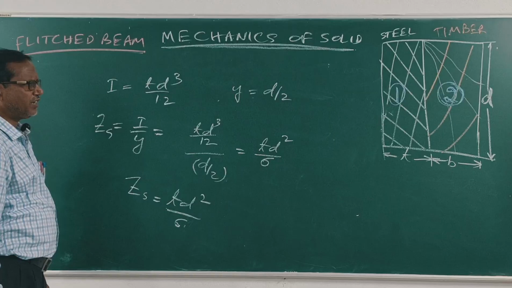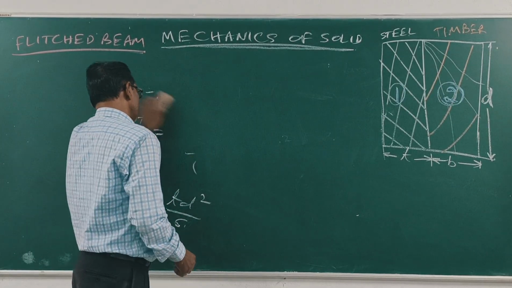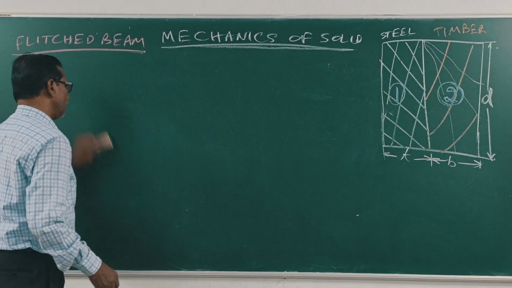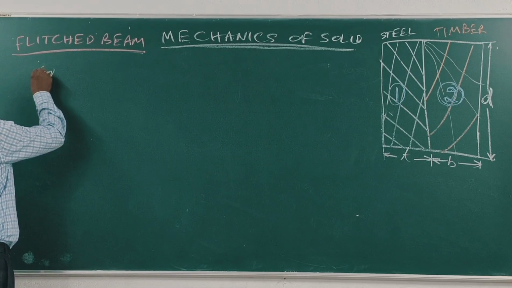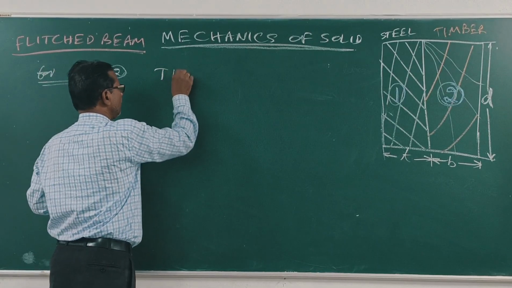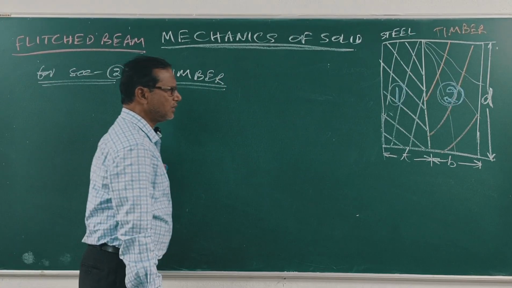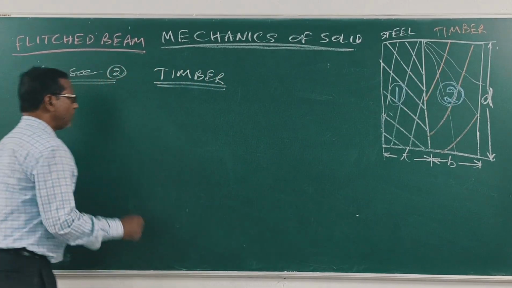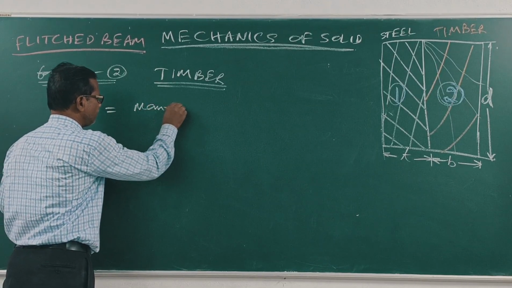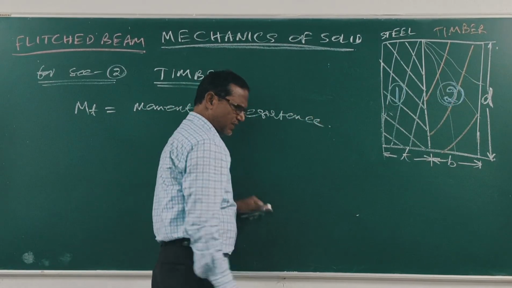Now for timber, section 2. Mt is the moment of resistance for timber.